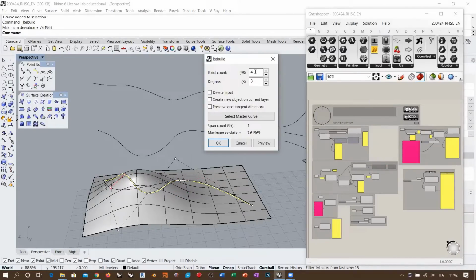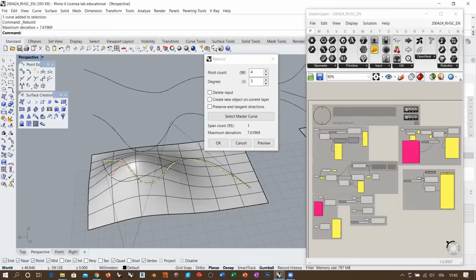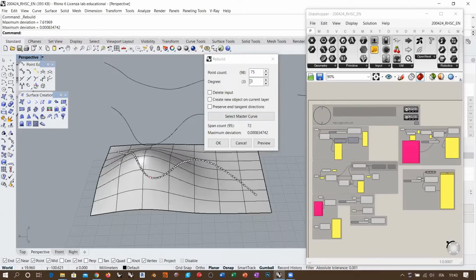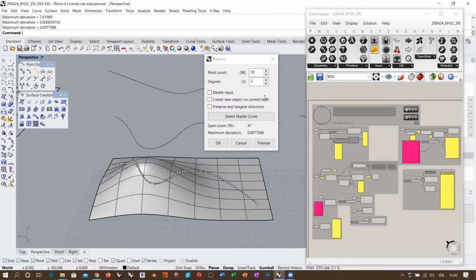Well, actually not with 4 control points, because we get this kind of total deformation of the curve, but eventually, I don't know, with 75, we already get a very good approximation of the curve. Eventually, with this kind of maximum deviation, I would decrease the amount of control points and go back to a more acceptable compromise between complexity and precision.